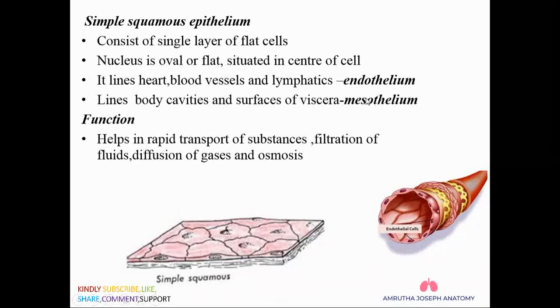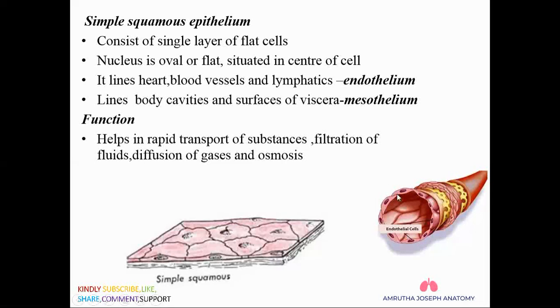Here this simple squamous epithelium is called mesothelium. So basically endothelium and mesothelium are all simple squamous epithelium, but depending on the position where it is located, the name changes. The function is to help in rapid transport of substances, so it has a transporting function, filtration of fluids, diffusion of gases, osmosis.